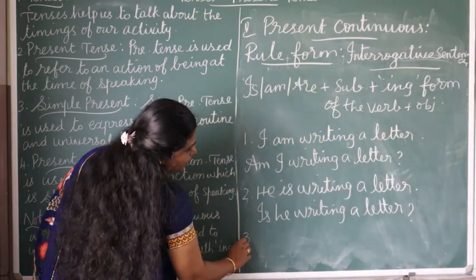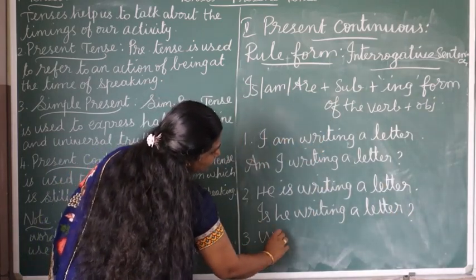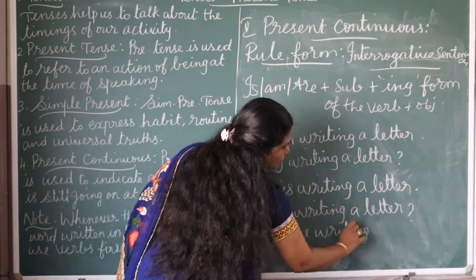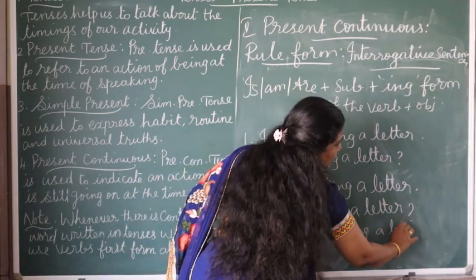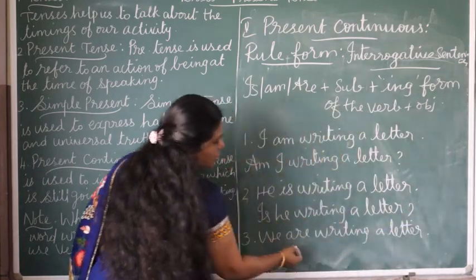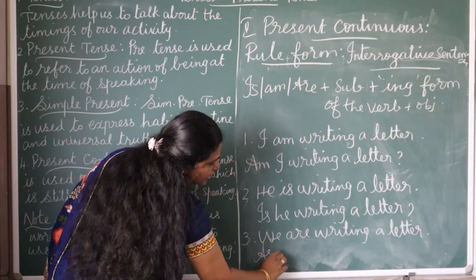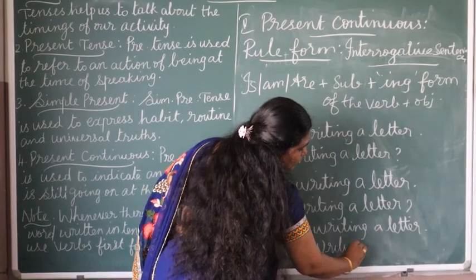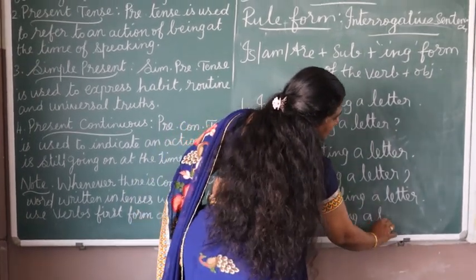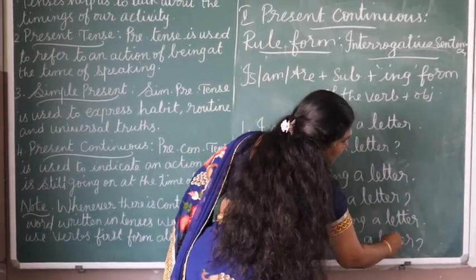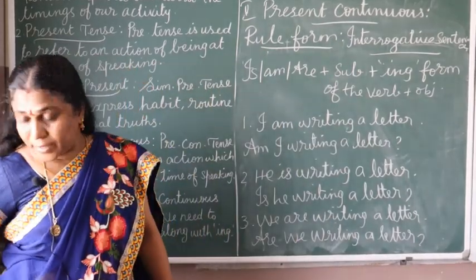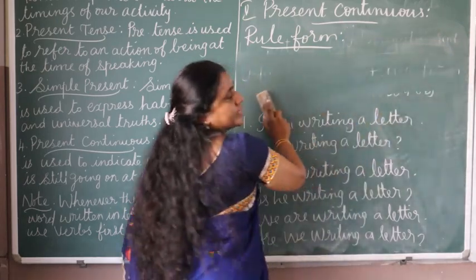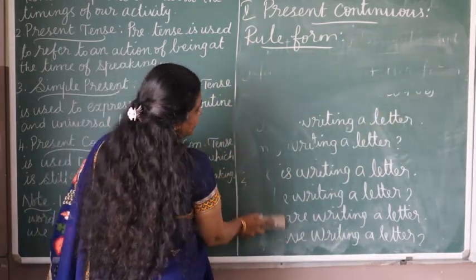And another example, we are writing a letter. The are comes before the subject. Are we writing a letter? Question mark. Okay. And then rule form of negative interrogative sentence.